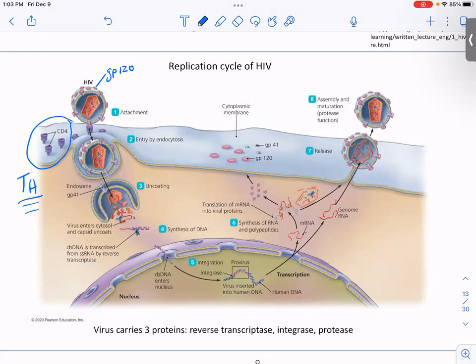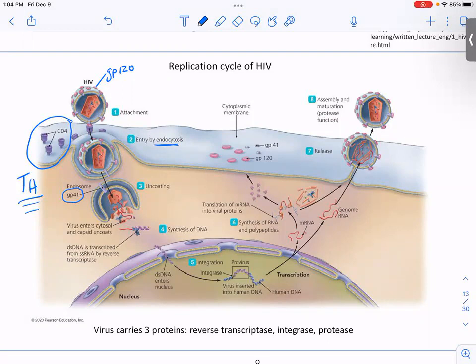And that also tricks the outside of the host cell into endocytizing the virion. So entry by endocytosis forms a membrane-bound sac around the virion. And then the GP41 is somehow involved in the uncoating process.